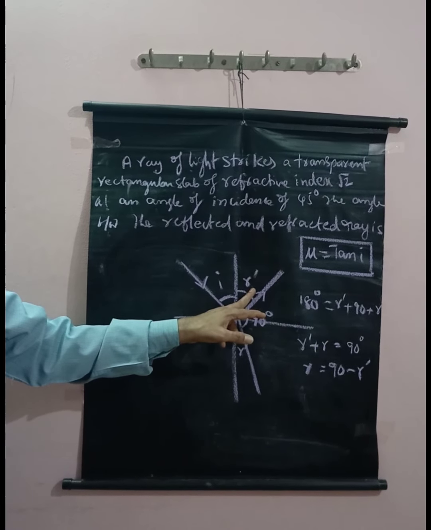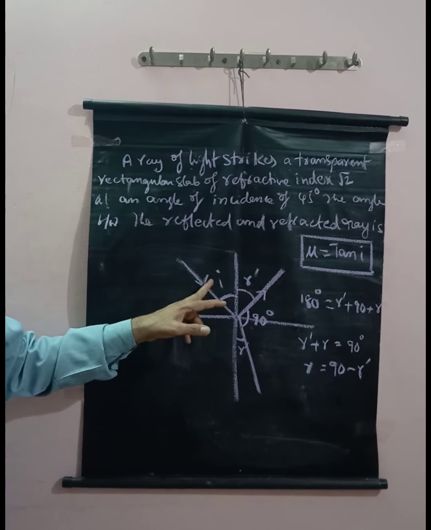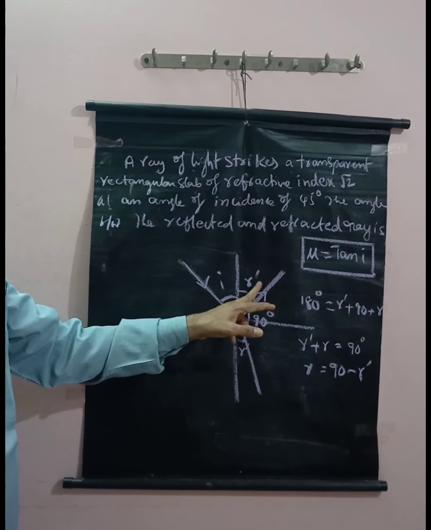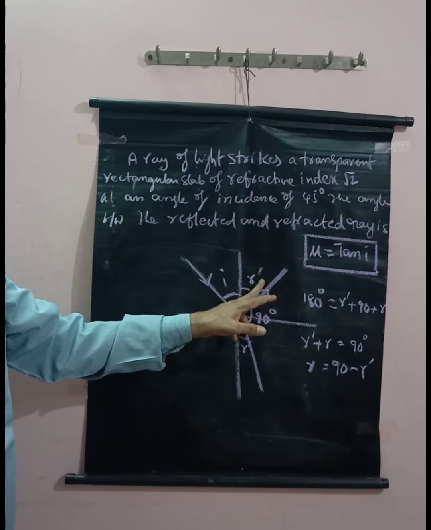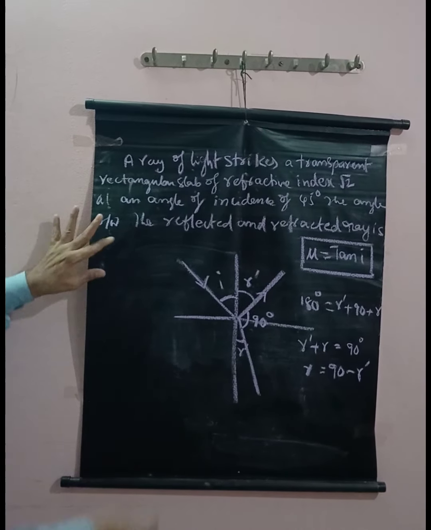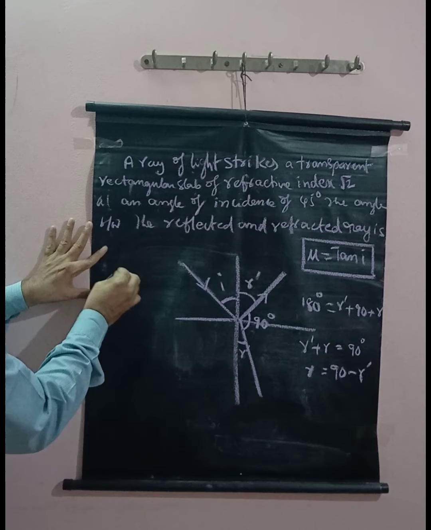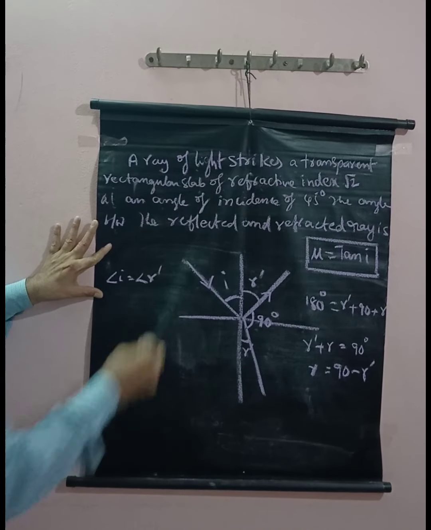One important point is that the angle of incidence and the angle of reflection are the same. According to the laws of reflection, angle I is equal to angle r dash.